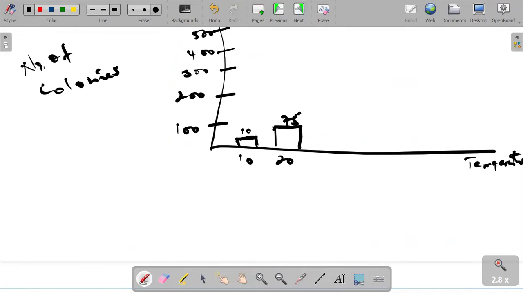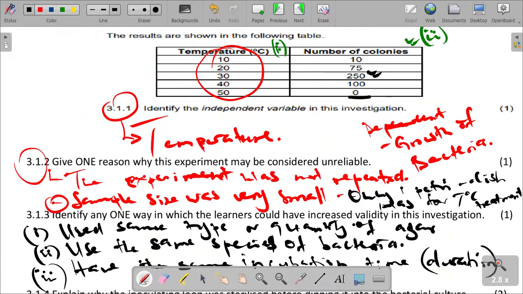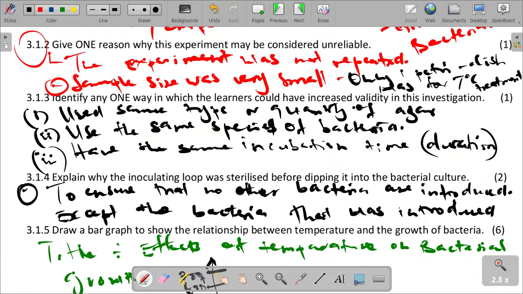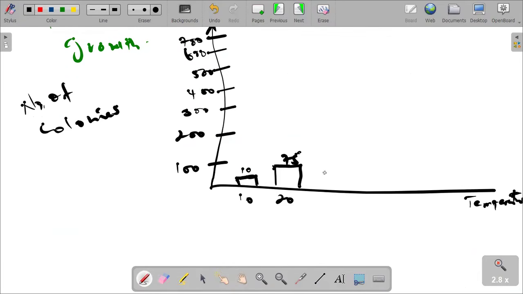Then the next one is 30, which is 250. Our 250 is above 200, but between 200 and 300.